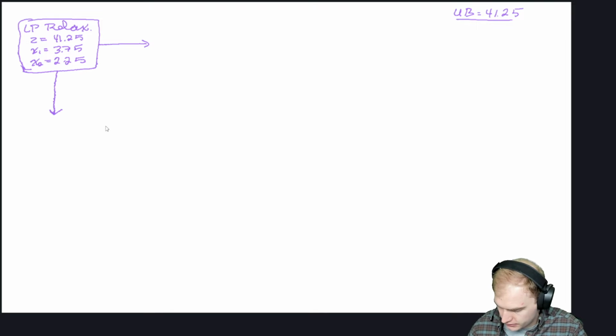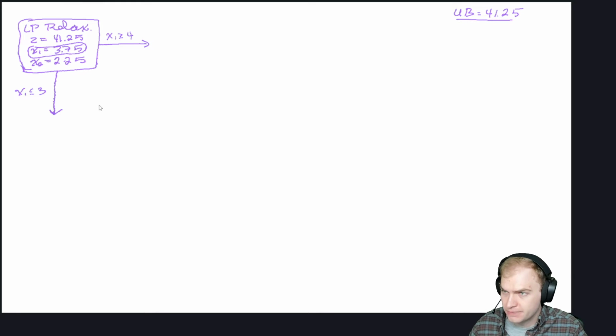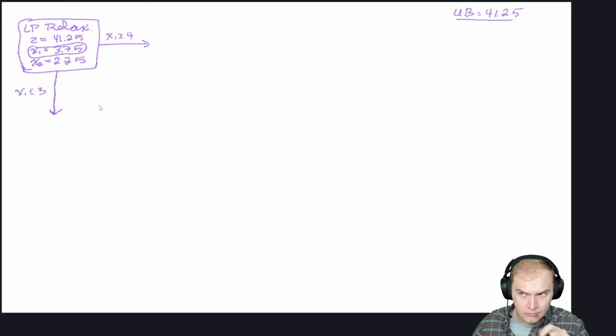So let's do that. The first thing we're going to do is look at x1 first. Let's try to force it into being an integer. So we're going to add some constraints. X1 greater than or equal to 4. X1 less than or equal to 3. So I got those by noticing that x1 is between 3 and 4 at the moment.